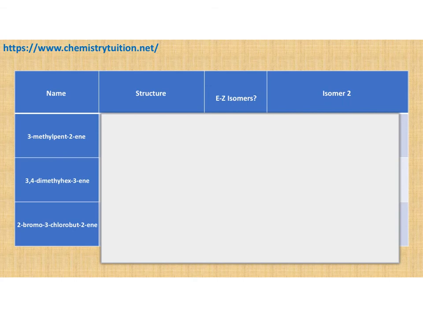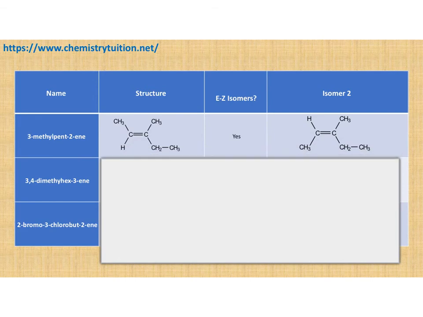Let's go. So 3-methyl pentene. There's the molecule there. So again, let's just go for the name. So we've got pentene. Here's my chain here. 1, 2, 3, 4, 5 with your double bond on your second carbon there. So it's your pentene. And then you've got your methyl group on your third carbon there. Can that have EZ isomerism? Yes, it can.